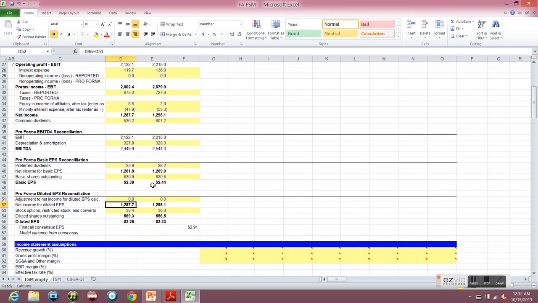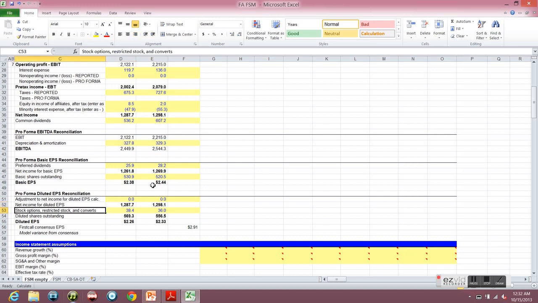Okay, so again, diluted EPS is compared to basic EPS, and the difference is that basic EPS does not consider dilution of any kind, or any type of convertibles or preference stock, whereas diluted shares cares about that dilution, cares about the convertibles and preference stock, and we'll see that in a minute.